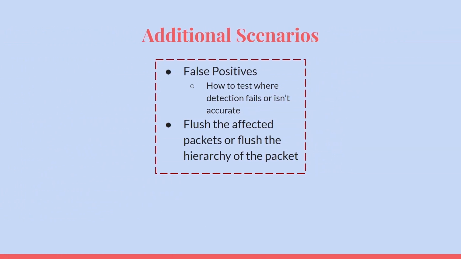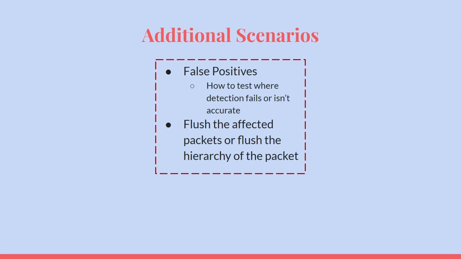Now let's talk about some additional scenarios that we will expand on in the final paper. First being false positive. In order to decrease false positive rate, what we recommend can be done is to improve the test method or do multiple rounds of detection. But that multiple detection will certainly lower the efficiency.